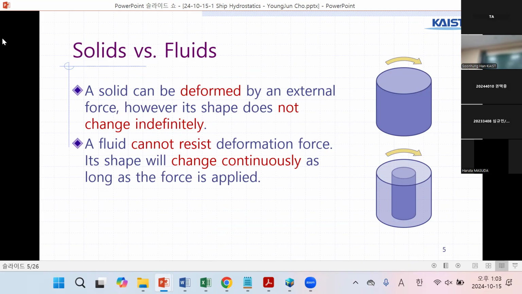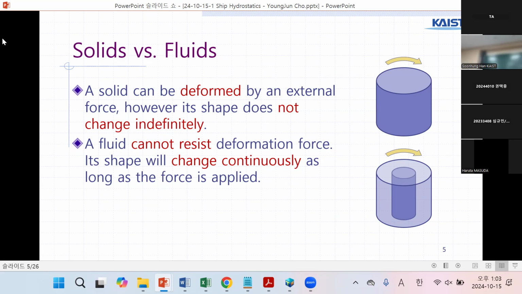From the perspective of fluid dynamics, all matter can be classified into two states, solids and fluids. A solid can be deformed by an external force and can resist the external force, so we can define the displacement of a solid.